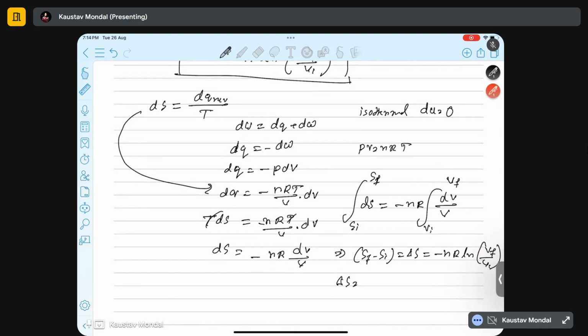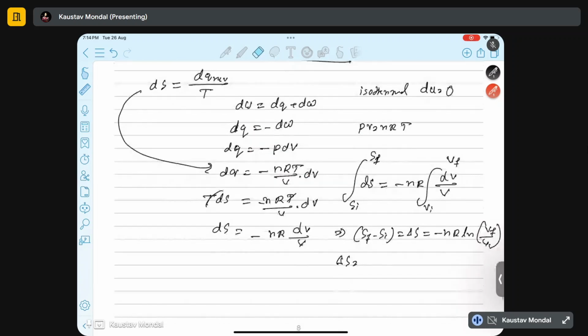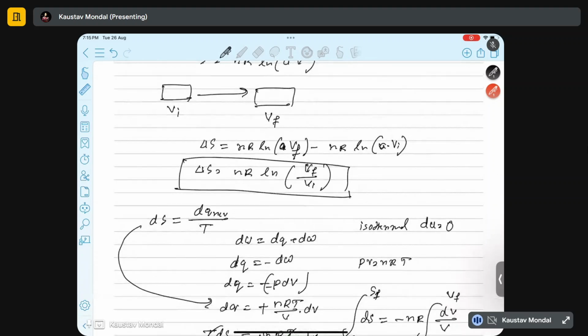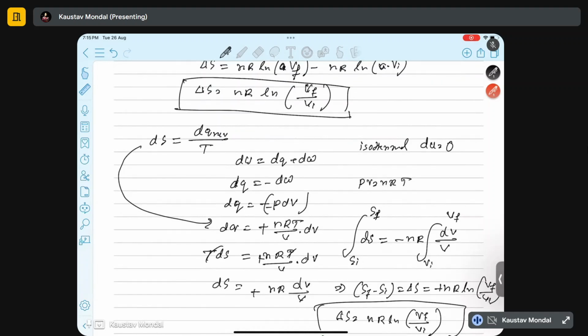Actually dw is minus pdV, so minus minus will become plus, and delta S should be nR ln Vf by Vi, right?